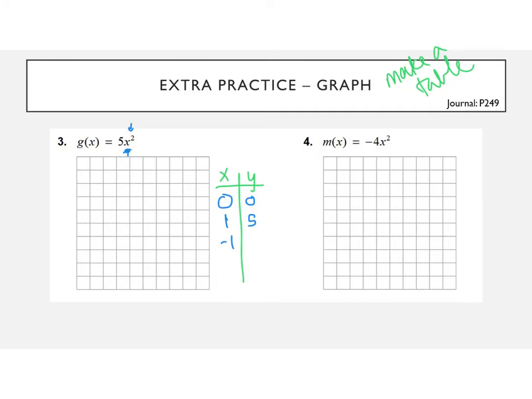If you're doing that in your calculator, that has to look like that. When you square -1, -1 times -1 is a +1, and your answer then is 5. And then let's go ahead and put in 2. 2 squared is 4, times 5 is 20. And if I do -2, -2 squared is also 4, times 5 is 20.